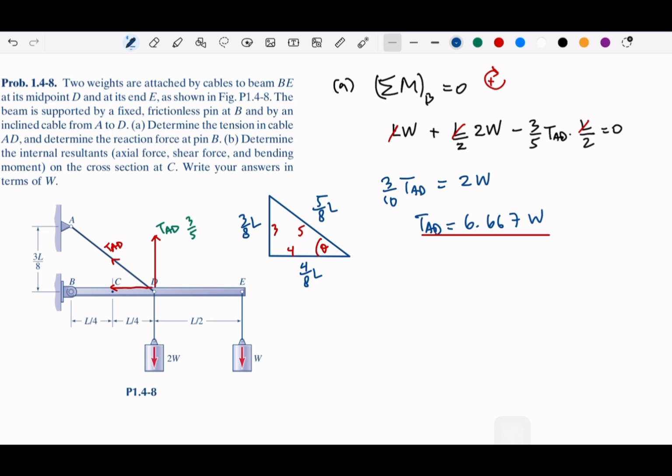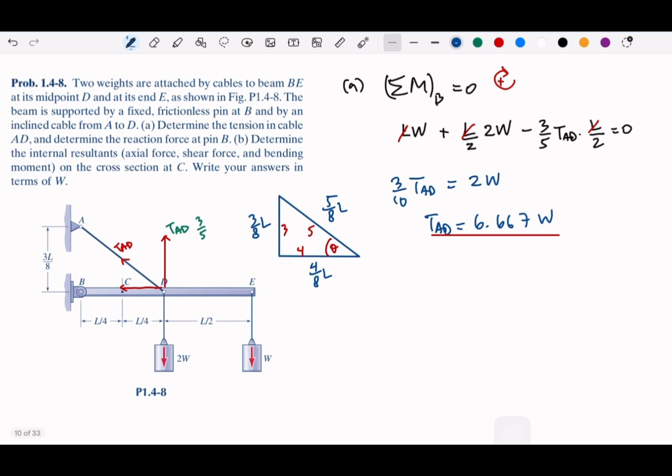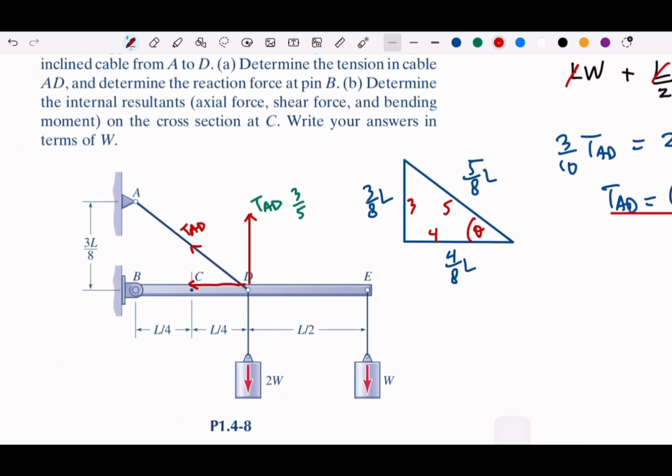And then the second, we need to also determine the force at pin B. So at pin B, we have Bx and By.